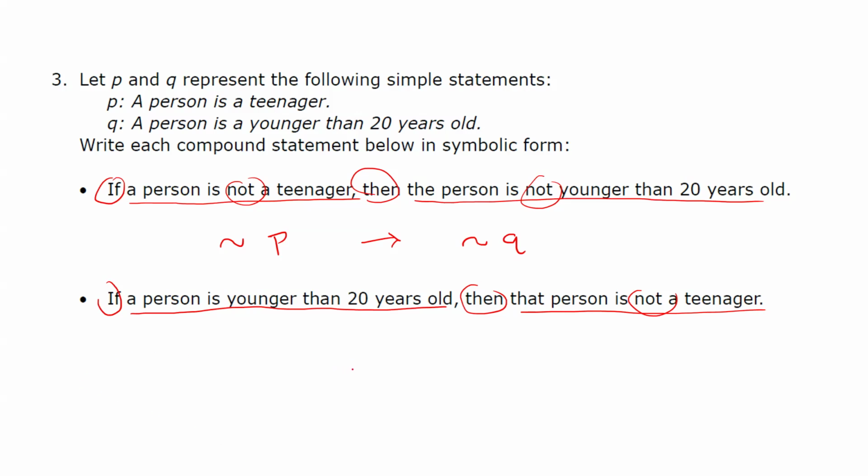So if then, which means we're still conditional. The first statement is a person is younger than 20 years old. That's the statement Q. That person is not, so negation, a teenager, P. So if Q, then not P.